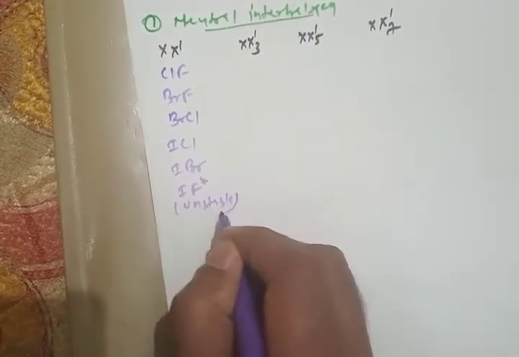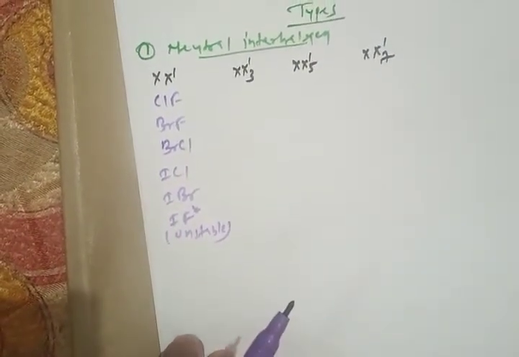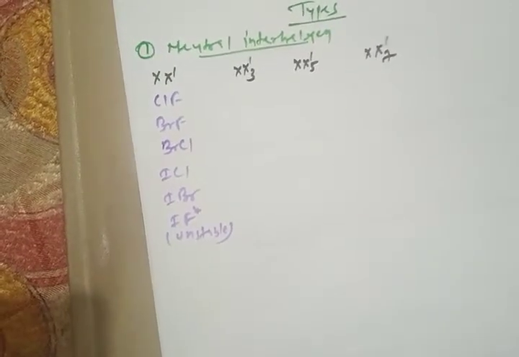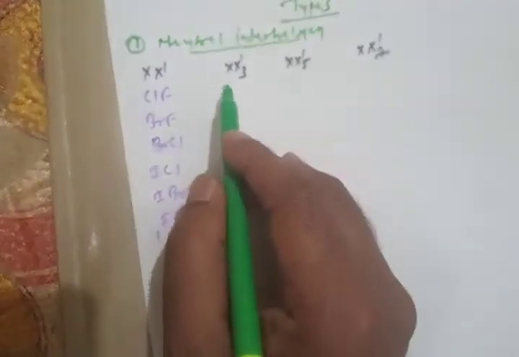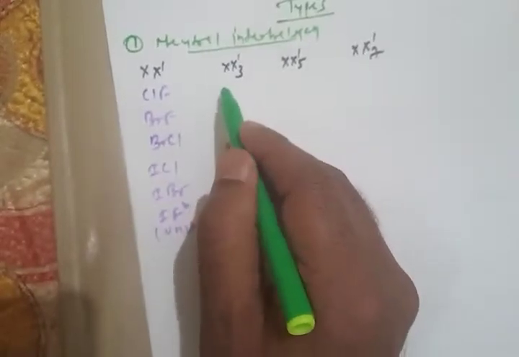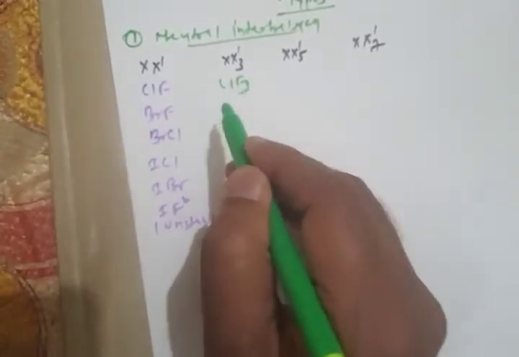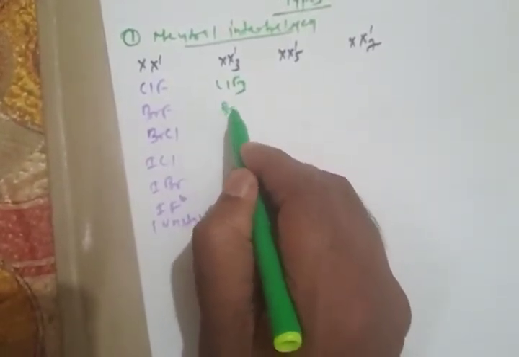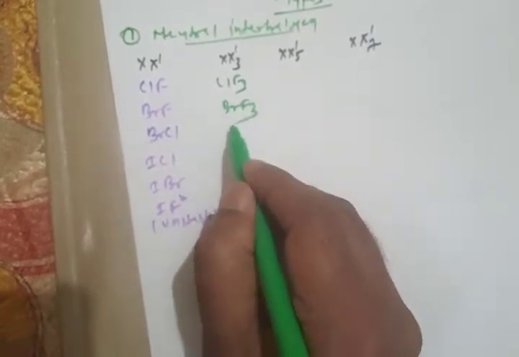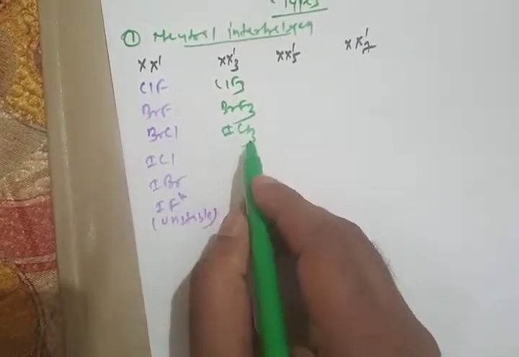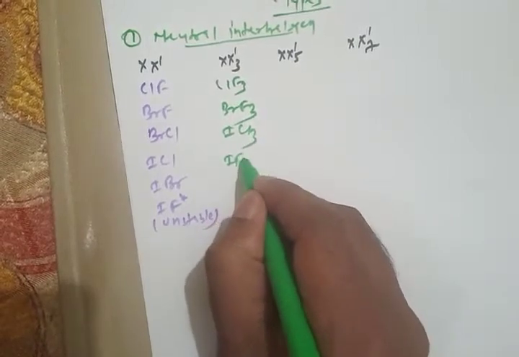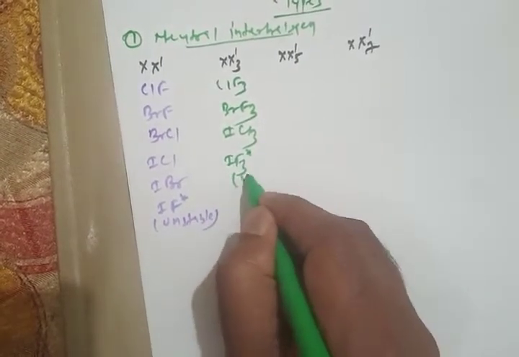Okay, a point to remember: this is highly unstable. Similarly, in the case of XX'3: ClF3, BrF3, ICl3, and again IF3. This is unstable.